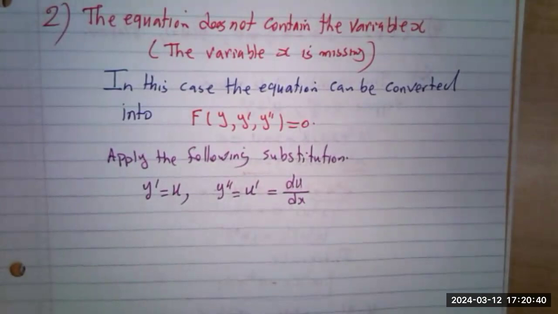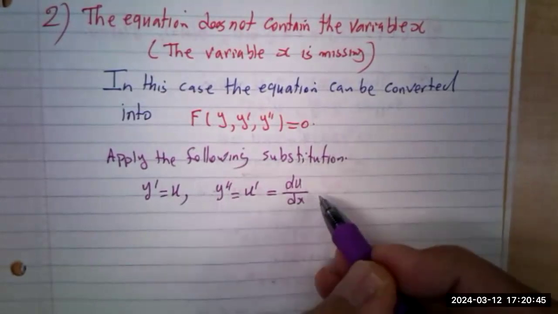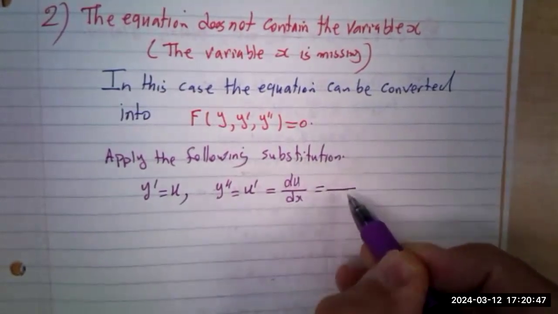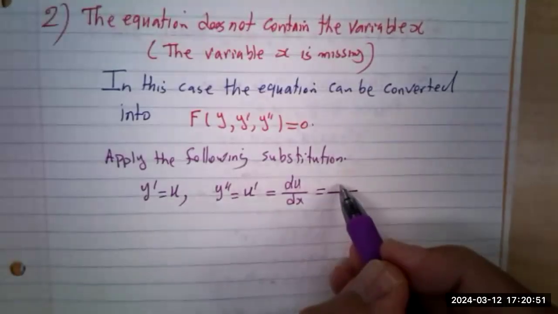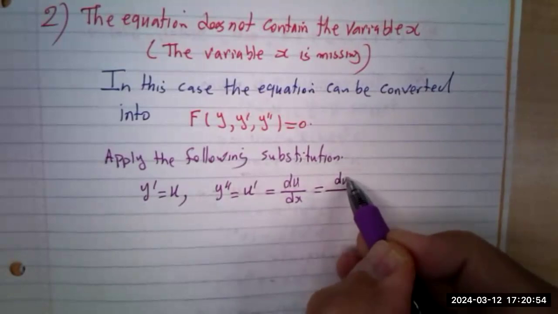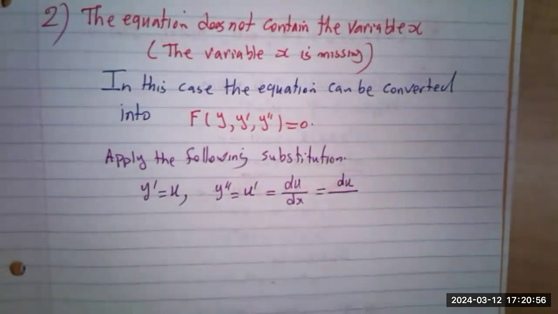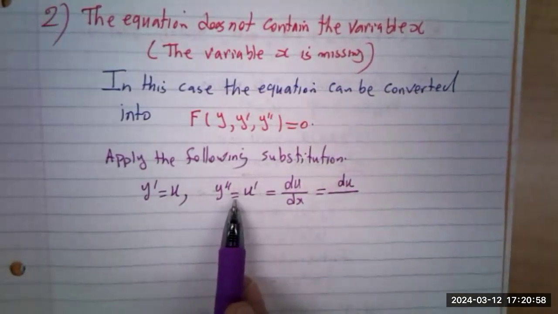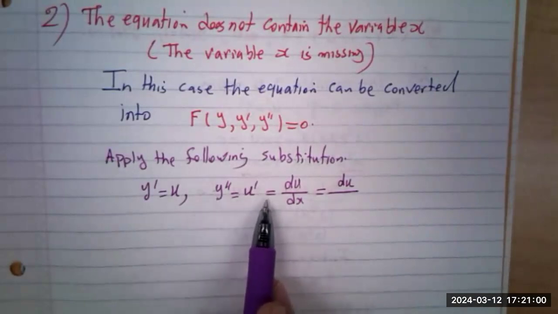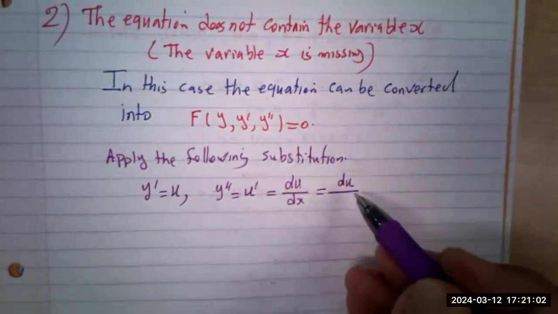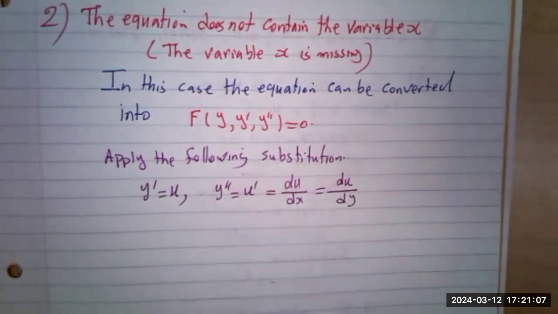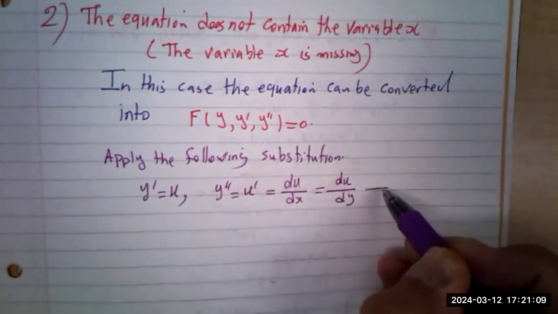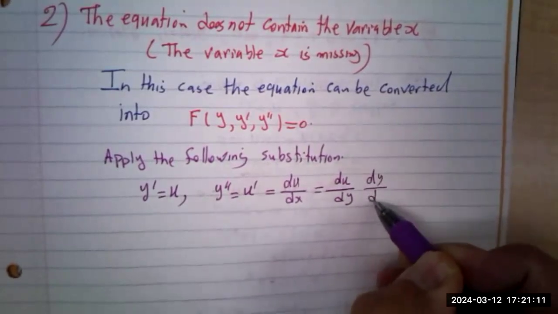The x is missing, so we use the chain rule here. Remember du dx: for y double prime, which is u prime, du dx, I change it using the chain rule into du dy times dy dx.